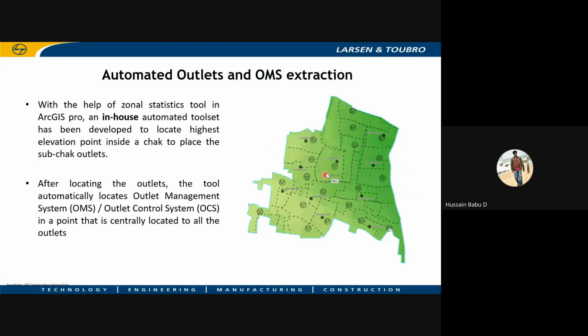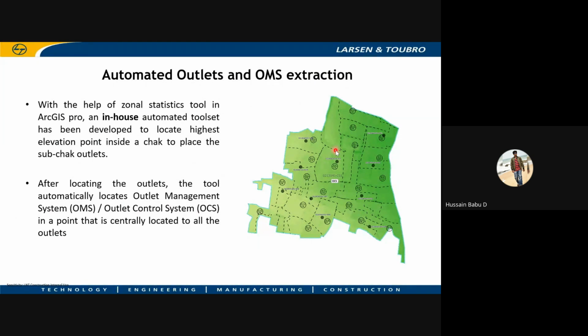Before this, when placing manually with the contours, one person needed to place each outlet manually based on his perception, based on the contour drawings, using the older survey details.